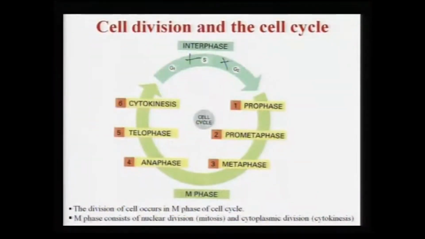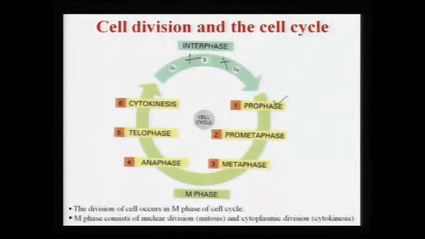Once it goes into the M phase, although the M phase shows only a much lower fraction of the total cell cycle time than interphase, biologically it can also be subdivided into 6 different phases.